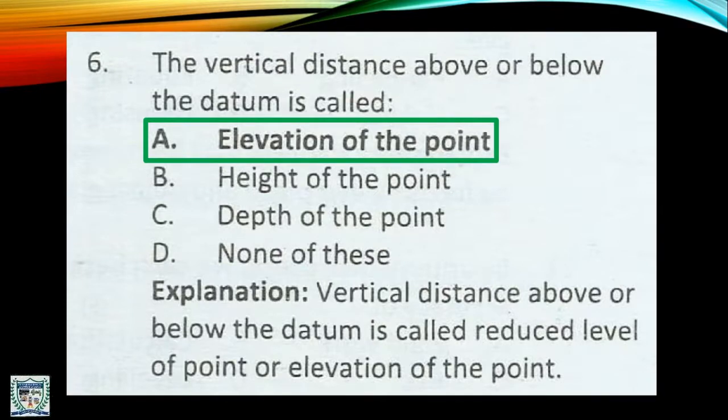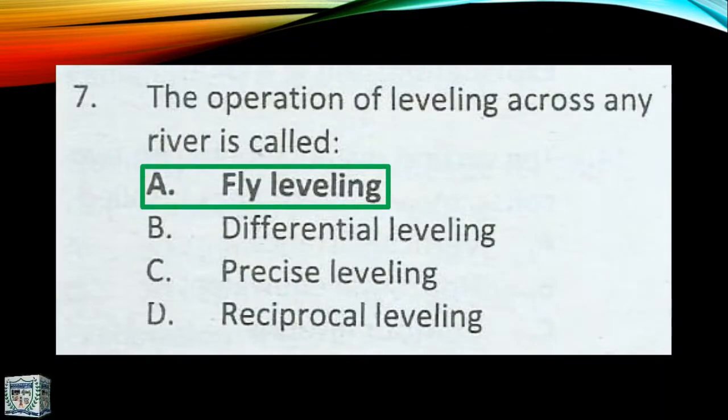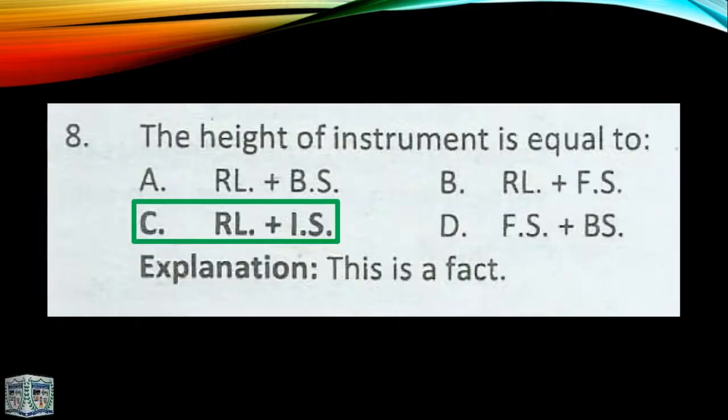A vertical distance above or below the datum is called reduced level of a point or elevation of the point. Question 7. The operation of leveling across any river is called option A, fly leveling. Question 8. The height of instrument is equal to option C, reduced level plus backsight. So this is the fact.